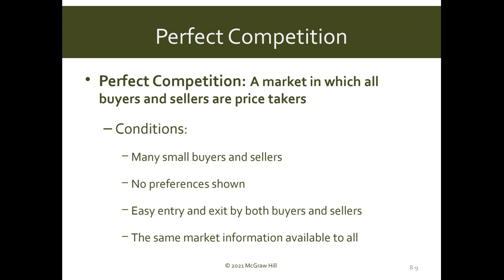The same market information is available to all. That is, producers and sellers have complete information. So for example, if I go to Walmart and the price is $2 per pound for tomatoes, I will buy, if I don't know that the price at other Canadian stores, right?